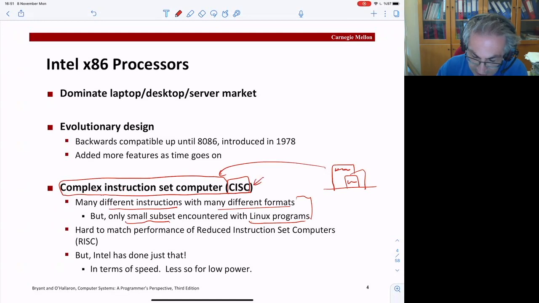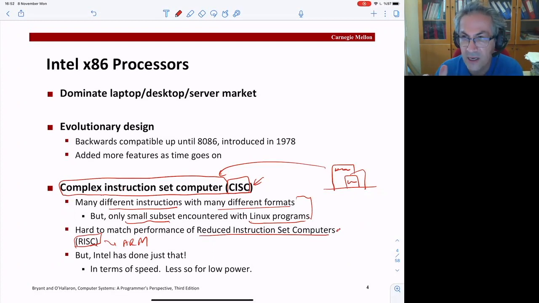And then there is an alternative school, which is called reduced instruction set computer, or RISC. An example of this is the ARM processors. These guys didn't start from the base like Intel; they started from scratch, and they made a design that is much simpler. In this reduced instruction set computer, every instruction does one thing in a clean way.